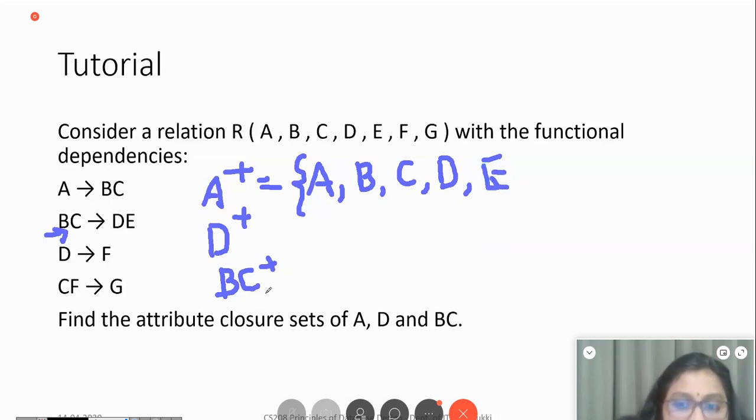Okay, then because D has already appeared, D to F, I can include F. Then C and F already appeared, so I can also include G.